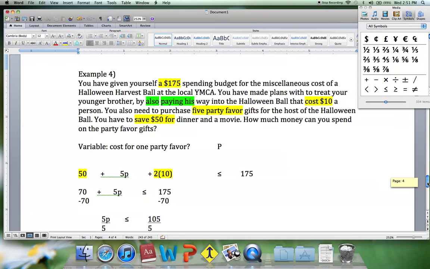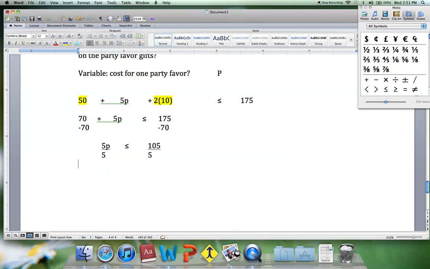And what we get is that P has to be less than or equal to $21. So he can spend up to $21 for each party favor gift, or he can spend less than $21 per party favor gift, but he cannot spend more than $21 per gift. I hope these word problems have been helpful for you.